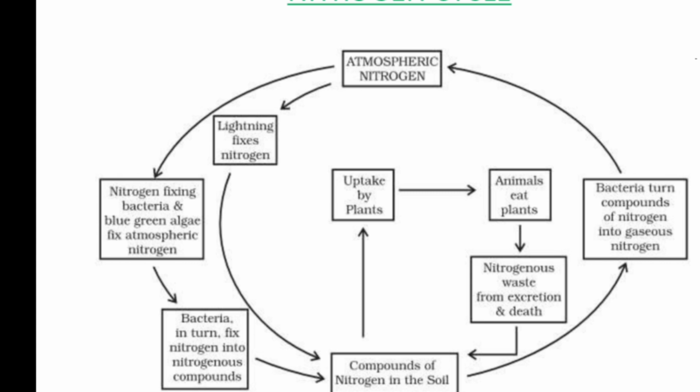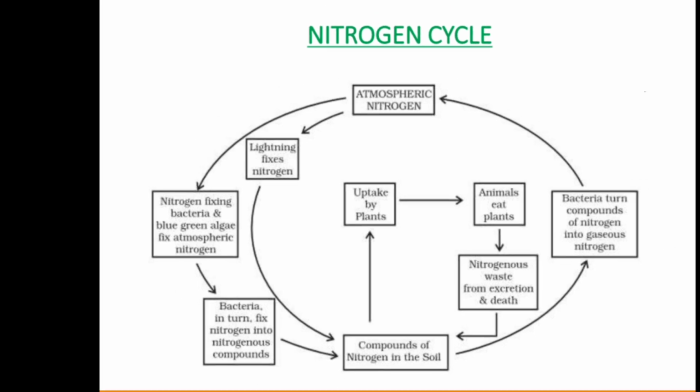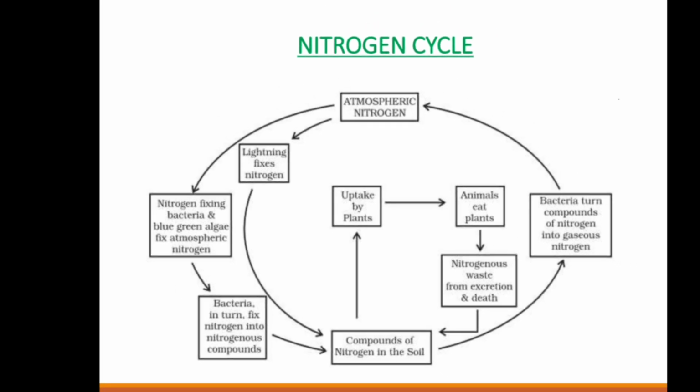So this is the atmospheric nitrogen cycle, and it shows that whatever nitrogen is absorbed is released back into the atmosphere after use by plants and animals. So the percentage of nitrogen in the atmosphere remains constant, that is 78%.